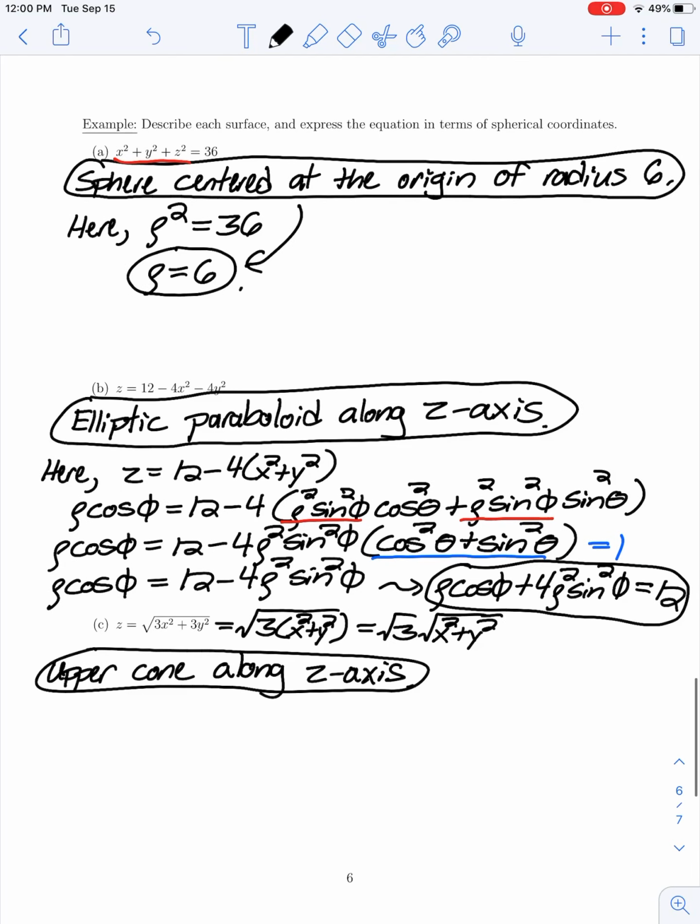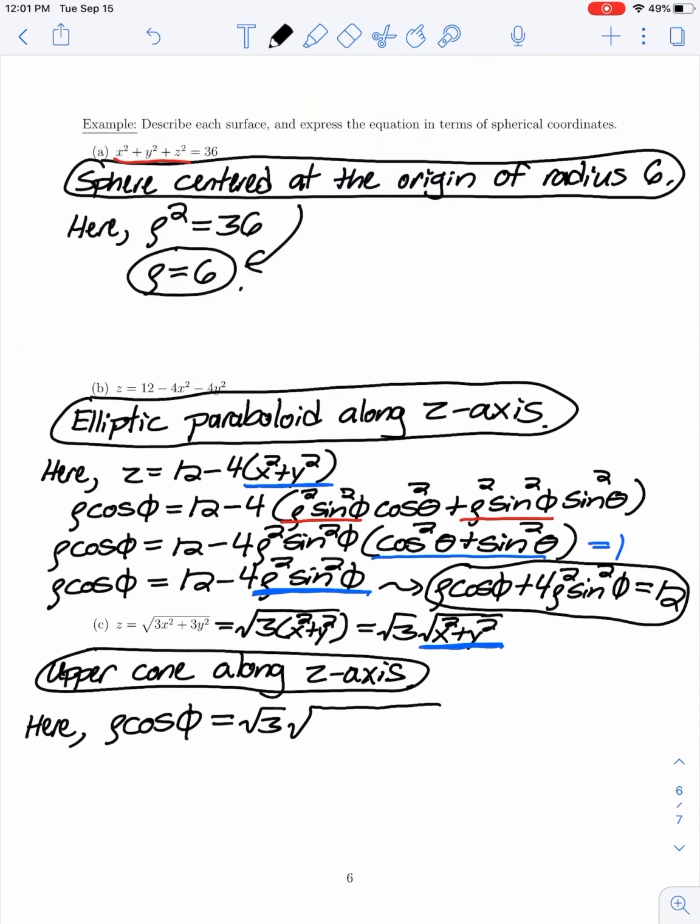So using our conversion formulas, well, we know that z, the left-hand side of our equation, is equal to rho cosine of phi. That's equal to, on our right-hand side, we had a root 3 times the square root of x squared plus y squared. Now, using some of our earlier work to simplify here, x squared plus y squared, in the previous part, part B, we saw simplified down to rho squared sine squared phi.